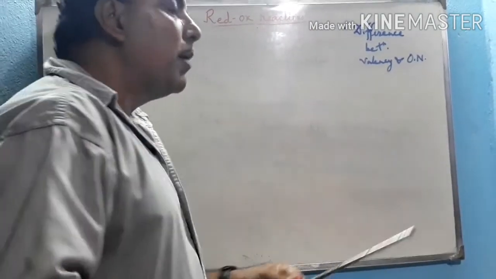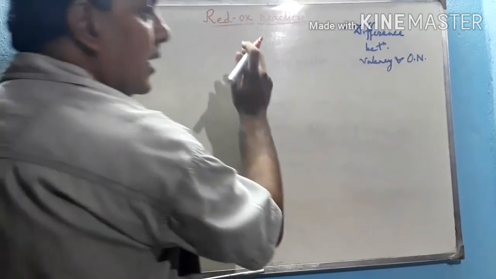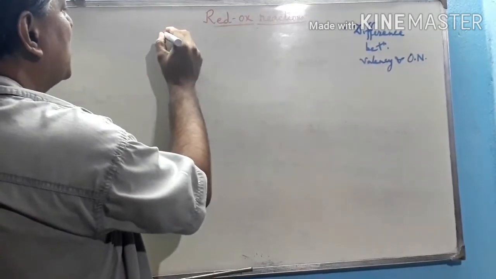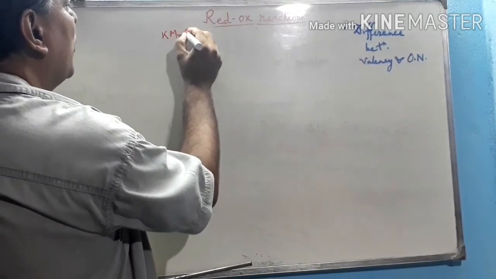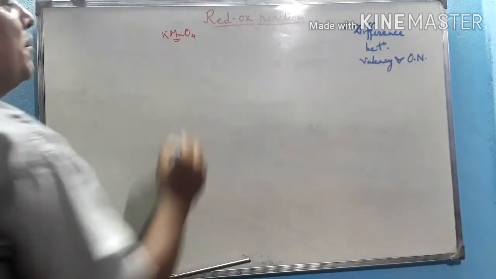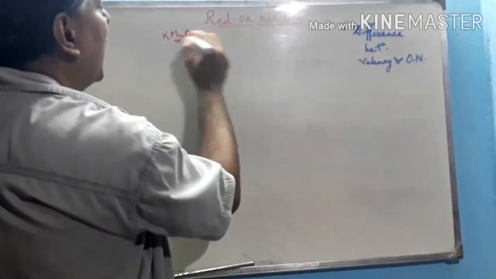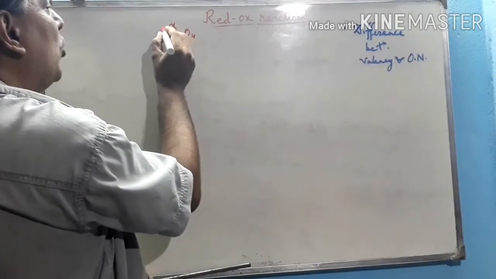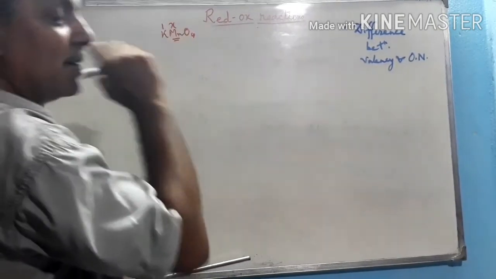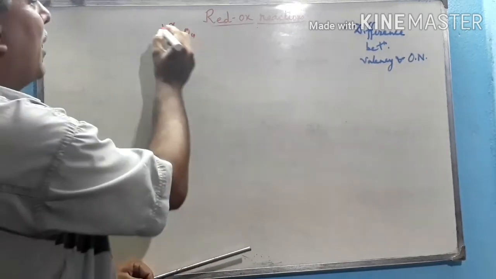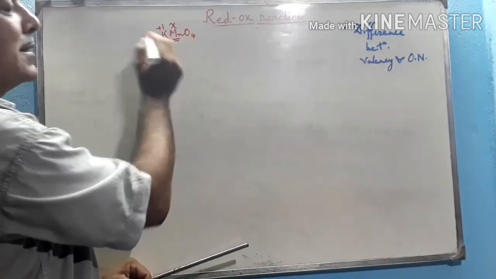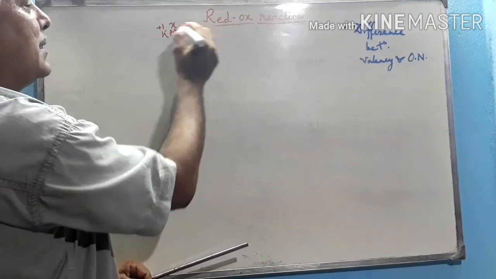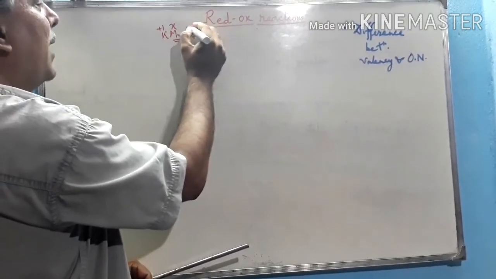Now, after finding the oxidation number of a particular element, suppose in KMnO4 we want to calculate the oxidation number of manganese. We assume the oxidation number of manganese is X, and we know that the valency of potassium is always 1 because it is an element of group 1, and that's why the oxidation number becomes +1 as it is a metal. Oxygen, as it is an oxide here, is -2.